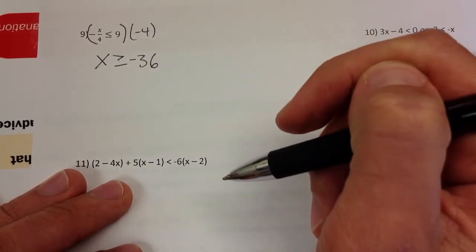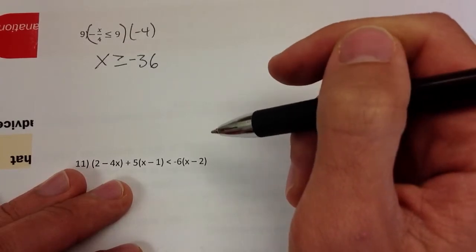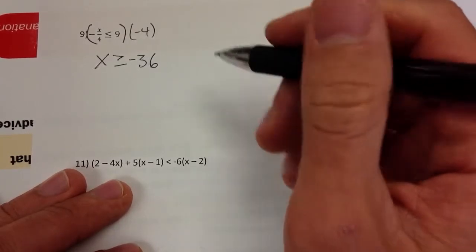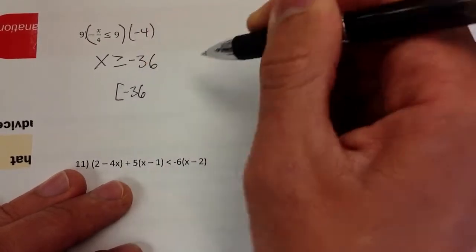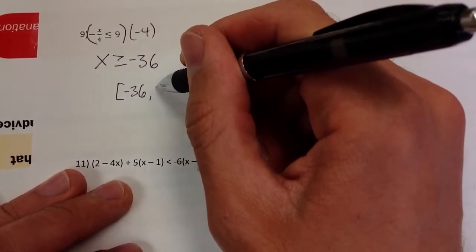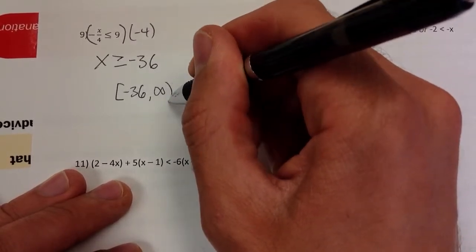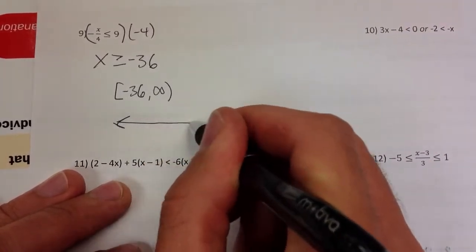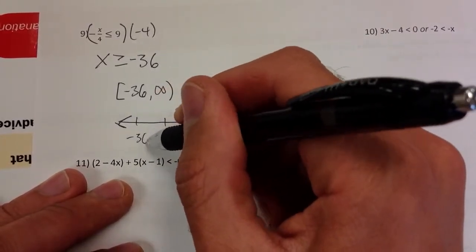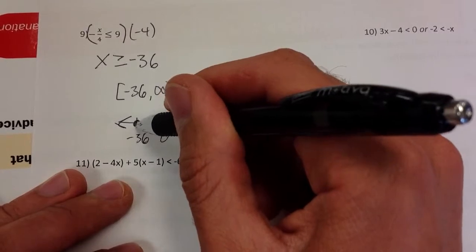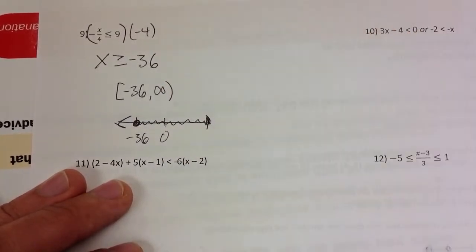It's the square bracket, negative 36, comma, infinity, close paren. Okay, and pretty sure you can do the number line: closed circle at negative 36, shaded to the right. Any questions on 9?